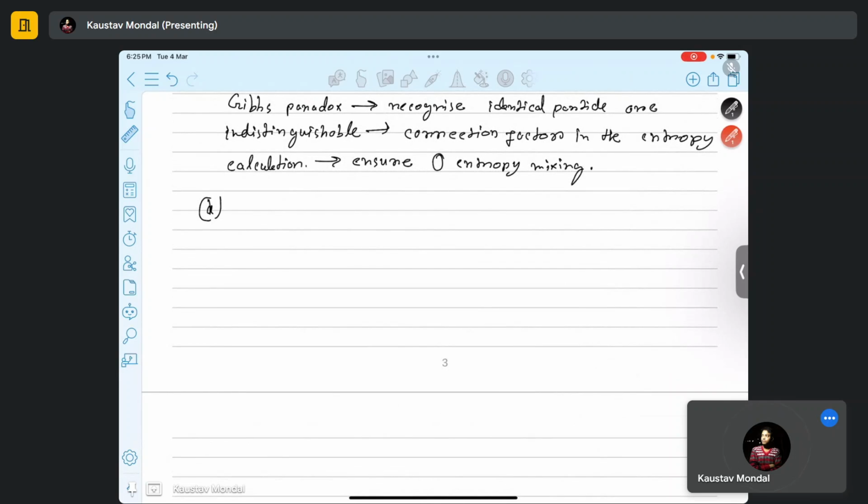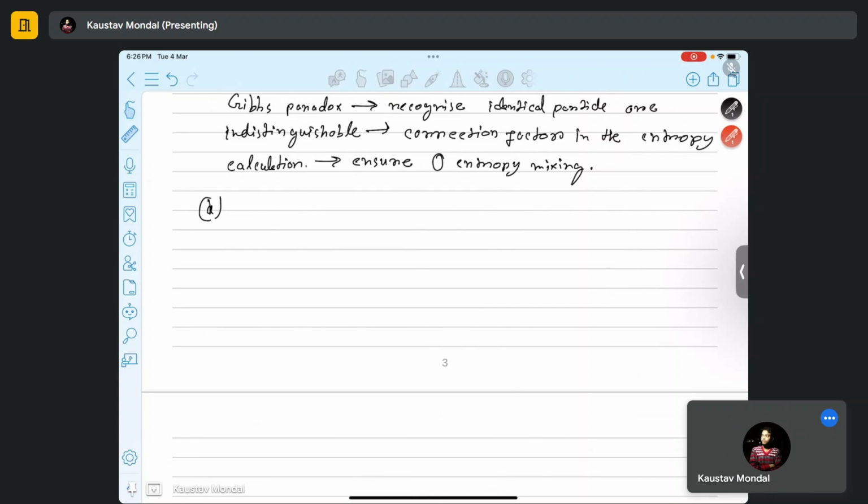So what is entropy? We all know that entropy is basically an extensive property of a system, which means that it scales with the size of the system. Let's suppose a system that is composed of a number of subsystems. In that case, the total entropy of the system will be the sum of the entropies of all the subsystems.